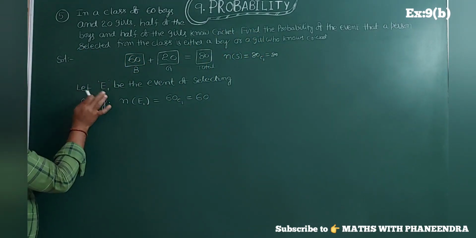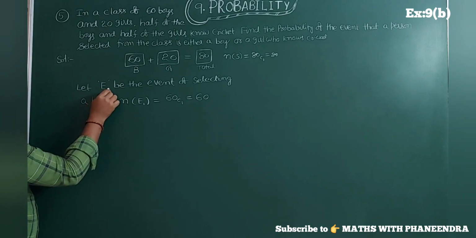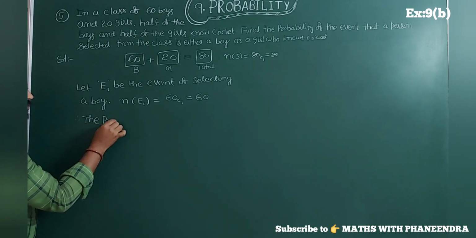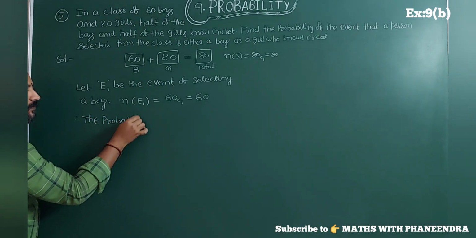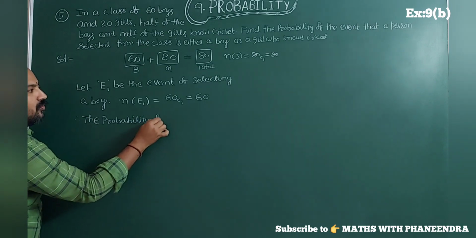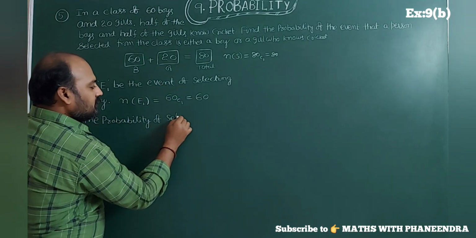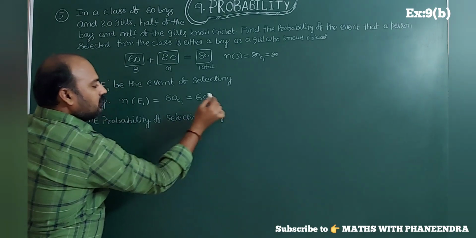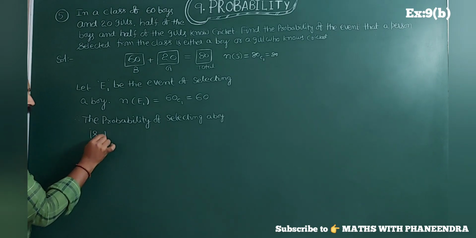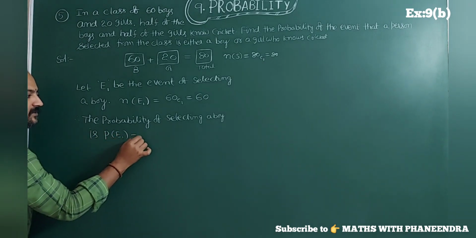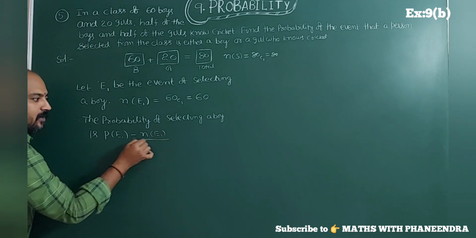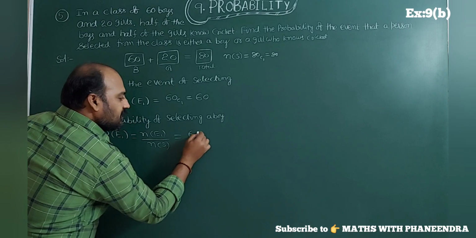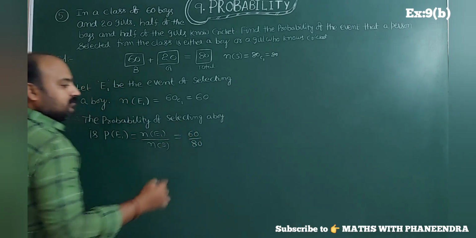So therefore the probability of selecting a boy is P of E1 is equal to n of E1 divided by n of S. So n of E1 is 60 by n of S is 80.